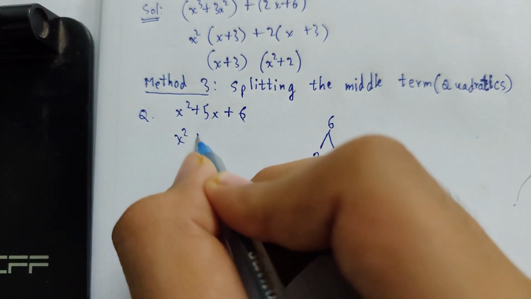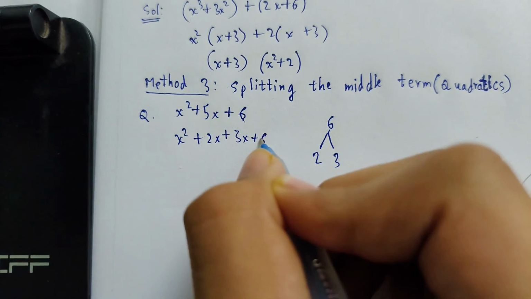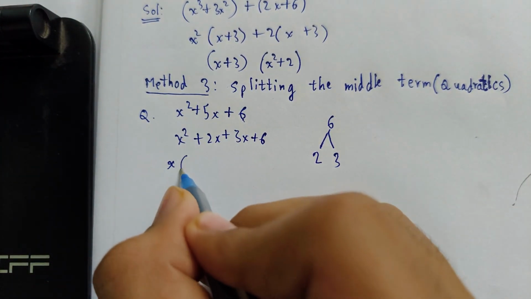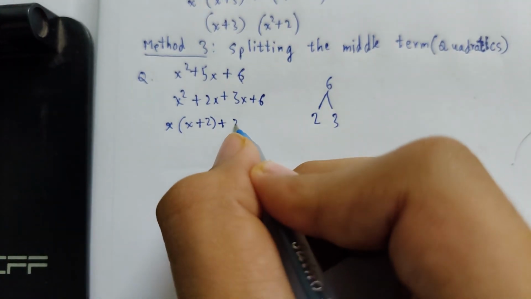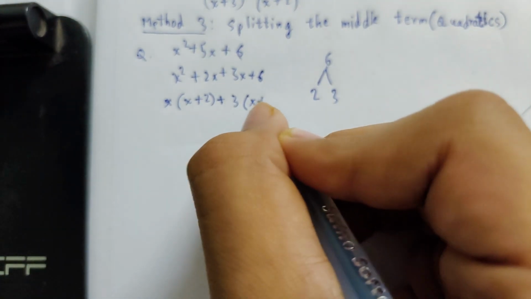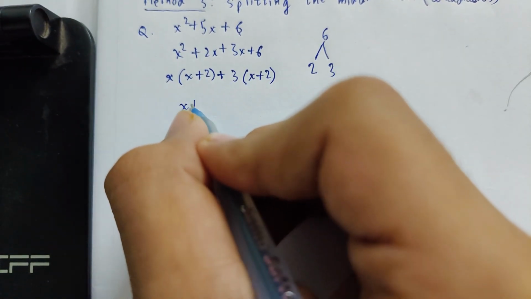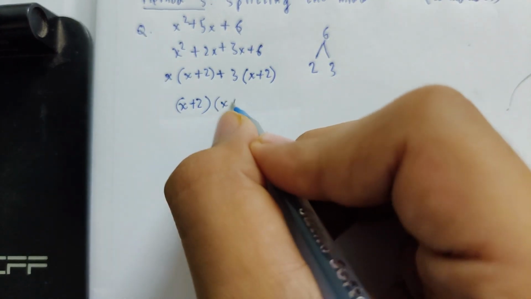Now we write x square plus 2x plus 3x plus 6. We group the terms: x into (x plus 2), plus 3 into (x plus 2). Now we factor these terms, which gives us (x plus 2) into (x plus 3).